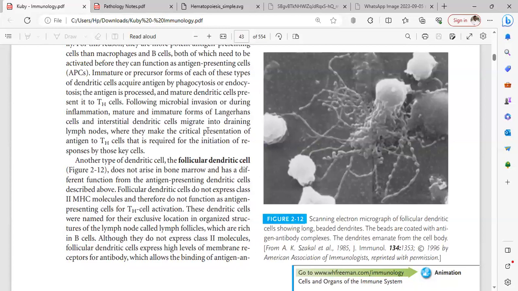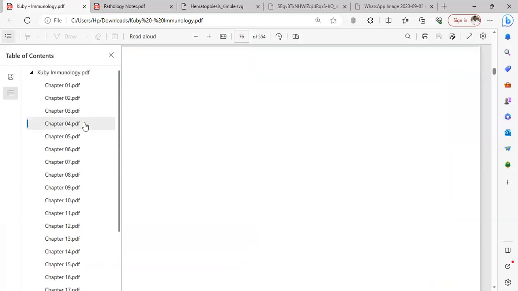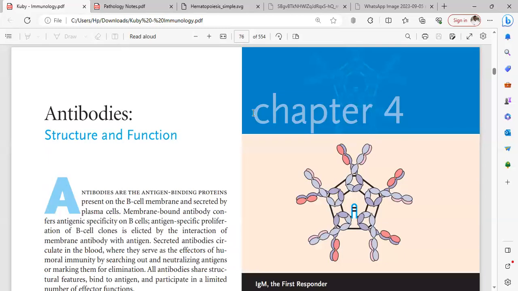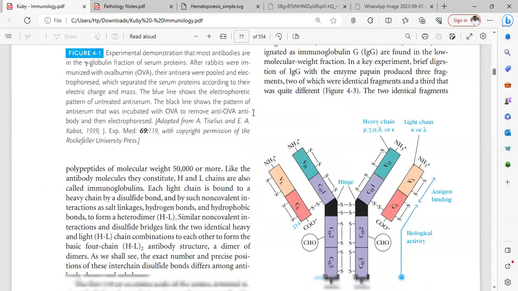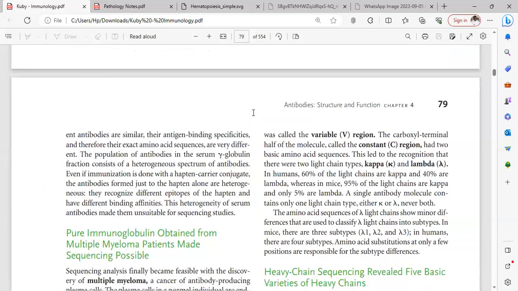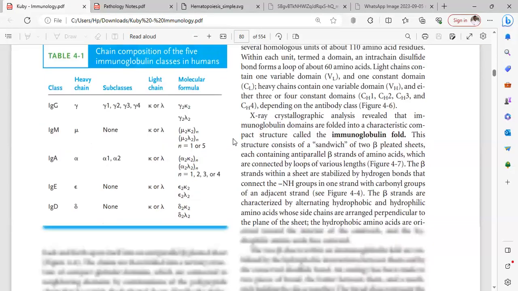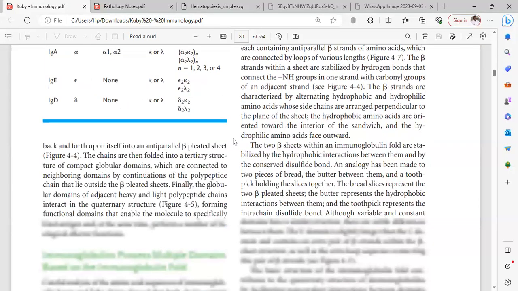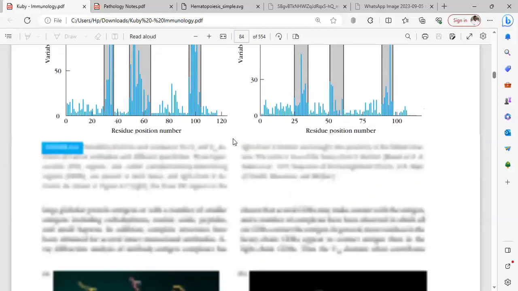We have the basics, and Gontia did a very good summary of the antibodies. They constitute most of the MCQs in this immunology. So the ones for antibodies and immunoglobulins have most of the MCQs. So we'll just go through the basics.